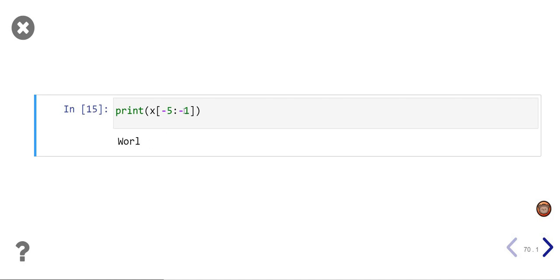So you will see when you use -1 here, you'll get like that. But when you use negative index, there is no such thing as 0, right? So you leave it empty. Whenever you leave it empty, it means it takes until the end.